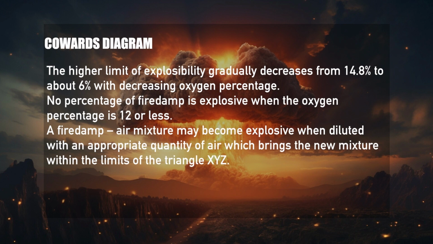A fire damp-air mixture may become explosive when diluted with an appropriate quantity of air, which brings the new mixture within the limits of the triangle X, Y, Z. So, the triangle X, Y, Z depicts the real concentration of methane-air mixture that has the capability to cause an explosion in underground coal mines.